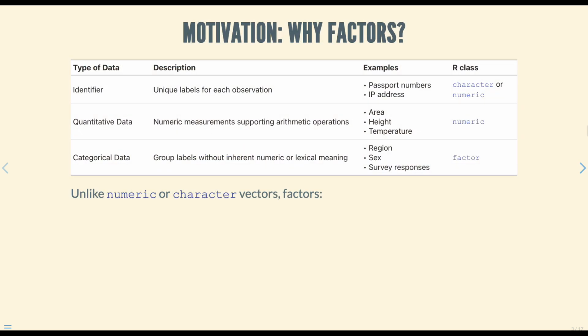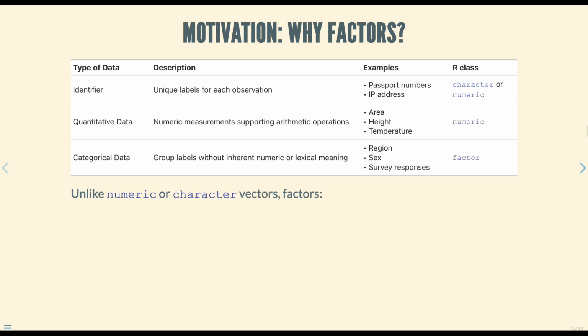Let's begin by looking at the three main types of statistical data: identifiers, quantitative data, and categorical data. Identifiers are unique labels like passport numbers or IP addresses. Quantitative data are numeric measurements, such as area, height, or temperature, that support arithmetic operations.